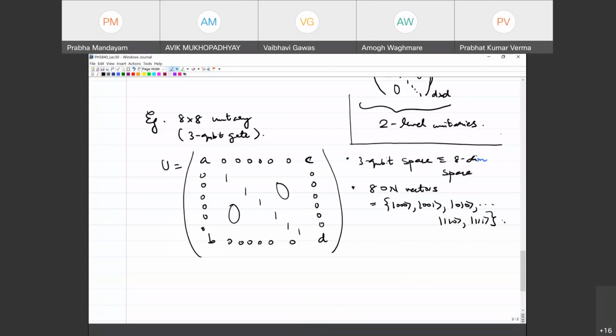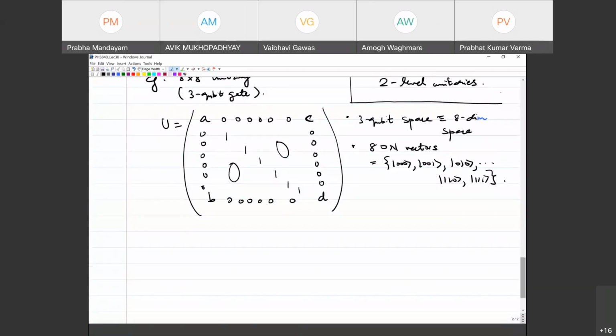So now what was your answer? Which are the 2 vectors on which this acts non-trivially, or which do not give a 0? 0, 0, 0 and 1, 1, 1. Exactly. So U acts non-trivially only on 0, 0, 0 and 1, 1, 1 out of this 8.